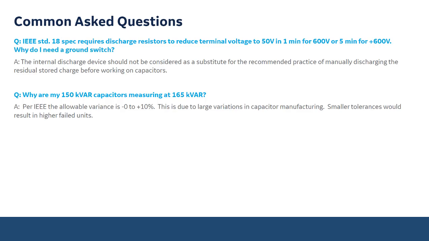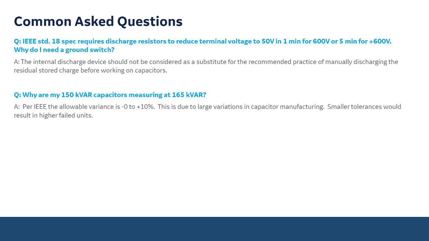The question: why are my 150 kVAR capacitors measuring at 165 kVAR? Per the IEEE allowance, the variance is -0 to +10%. This is due to large variations in capacitor manufacturing. Smaller tolerances would result in higher failed units.